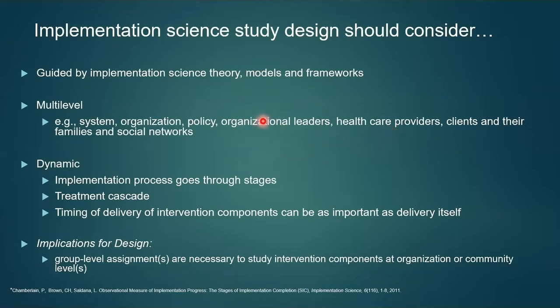And then the next level would be organizational leaders. Those could be the administrative directors of health facilities. They could be district and sub-district leaders. They could be leaders of higher levels of the National Health Administration and so forth.